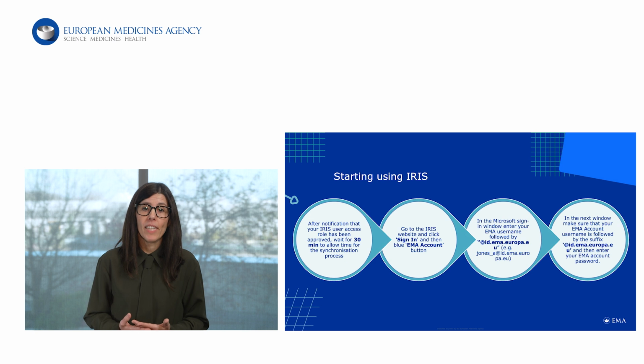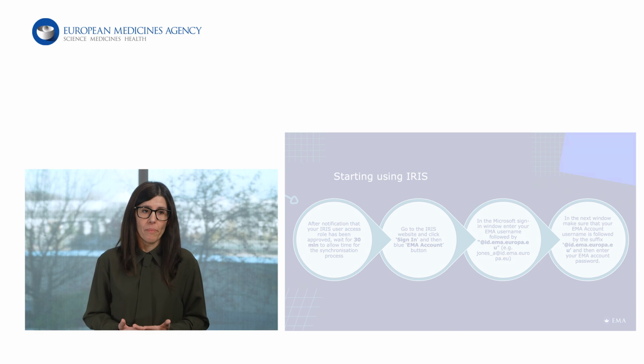In the Microsoft Sign-In window, enter your EMA username followed by id.ema.europa.eu. 4. In the next window, make sure that your EMA account username is followed by the suffix id.ema.europa.eu and then enter your EMA account password. You are now ready to use the platform.